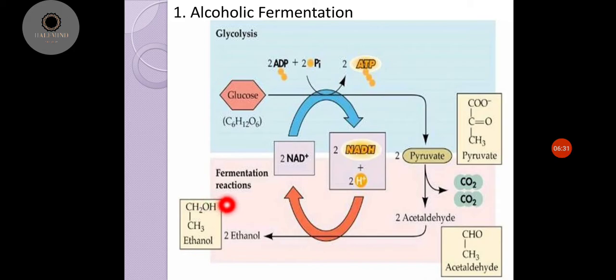Now, saan galing yung dalawang atoms ng hydrogen? It was coming from the NADH, no? So, yung NADH, inirelease na yung electron ng hydrogen, no? Inadd niya dito sa acetaldehyde. And then naging ethanol na yung acetaldehyde. And then yung NADH is bumalik na siya sa kanyang primary form, which is the NAD+. So it's a cycle. So that's what happens during alcoholic fermentation.